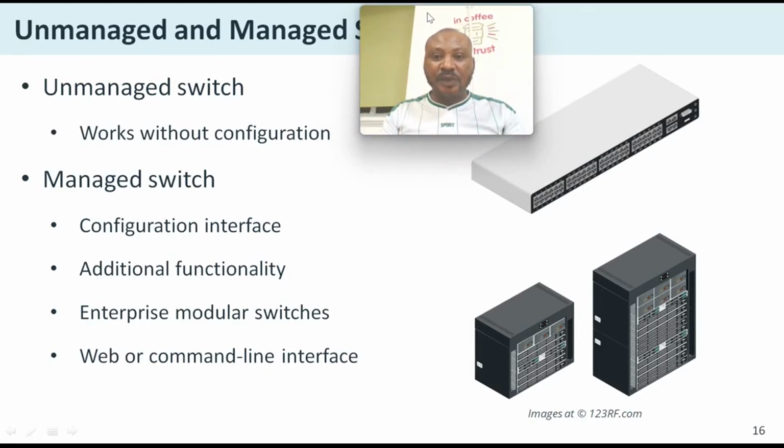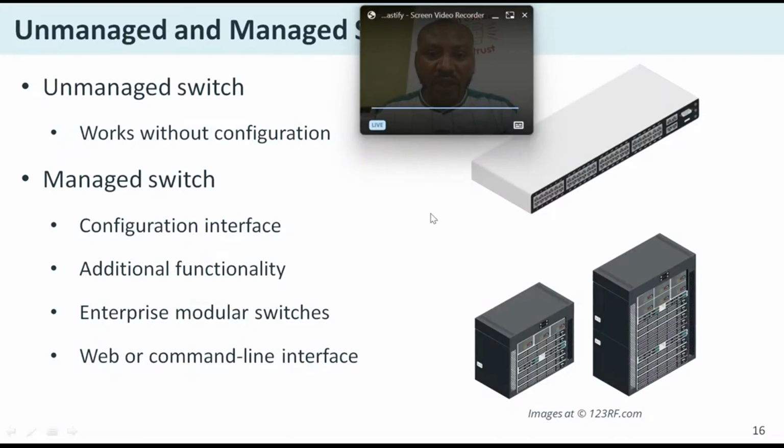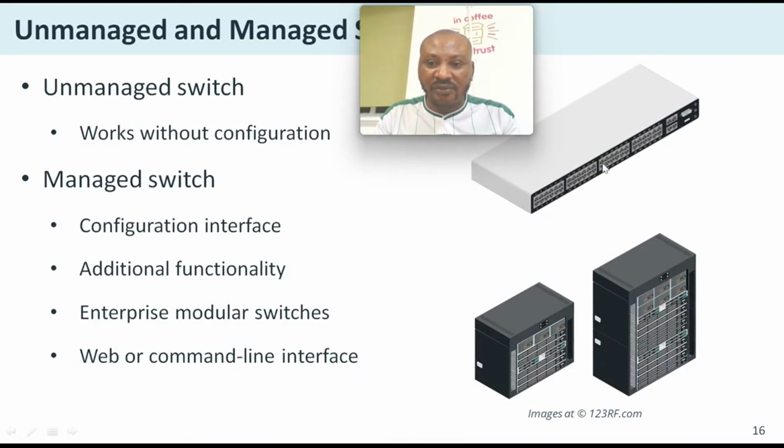VLANs are a private way of working in a network environment. Don't worry, I'm going to talk about VLANs later. So this is a managed switch: one that you can manage and configure by yourself, unlike the unmanaged one where you just plug in any switch and start working, right?